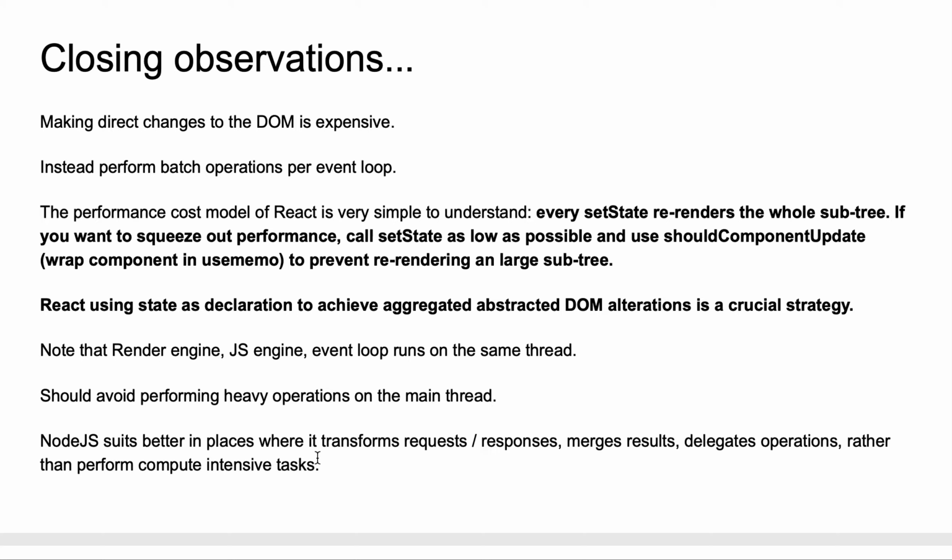For some narrow band of operations where very compute-intensive tasks are needed, like encryption, decryption, or running machine learning algorithms, we should not be doing those on the main thread. They should be outsourced to some other service. So I think that covers what I wanted to discuss. I hope this was helpful.